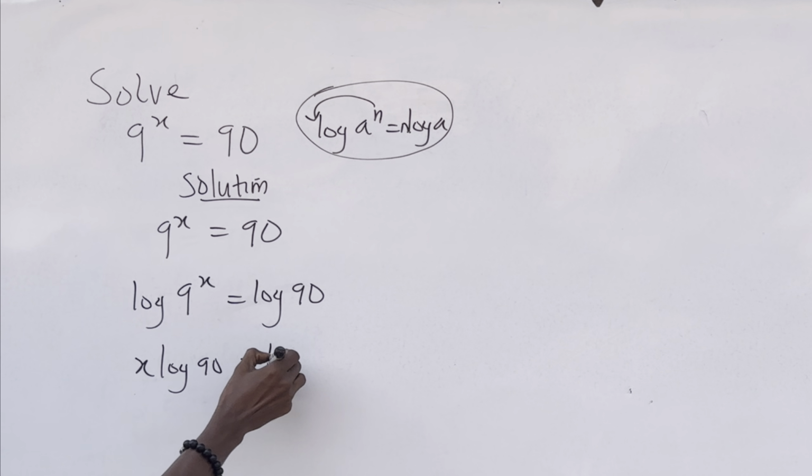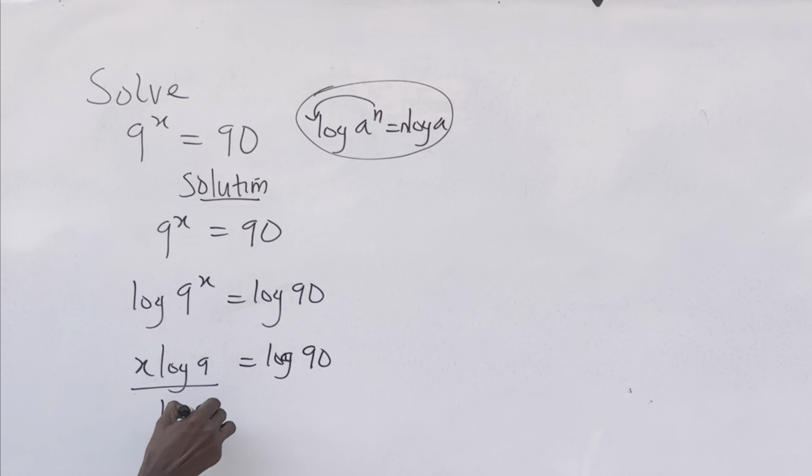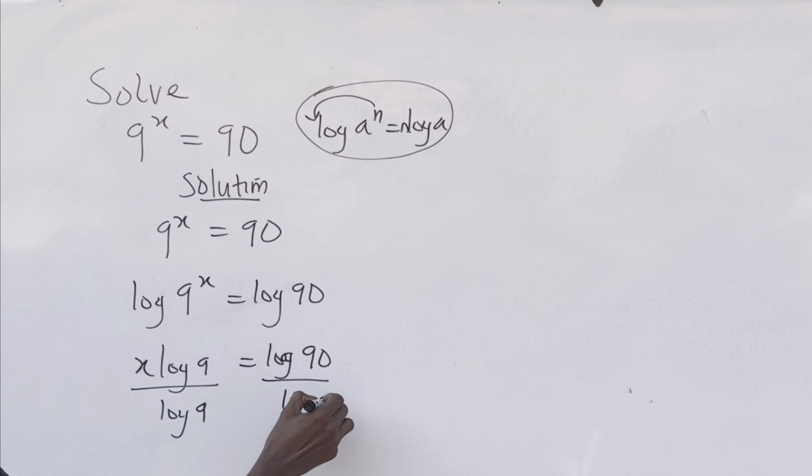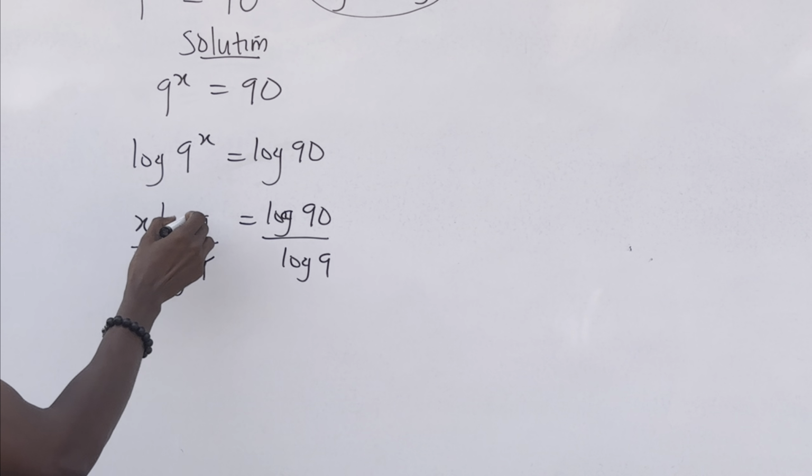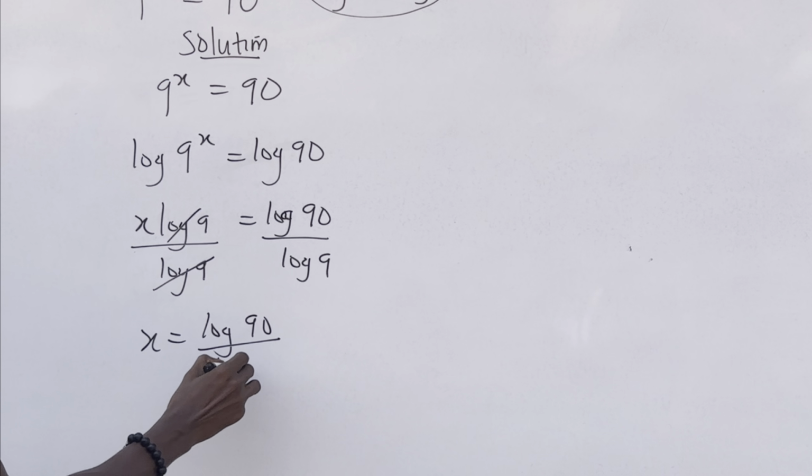And now we can divide both sides by log 9, so that this cancels this and we'll have our x equal to log 90 divided by log 9.